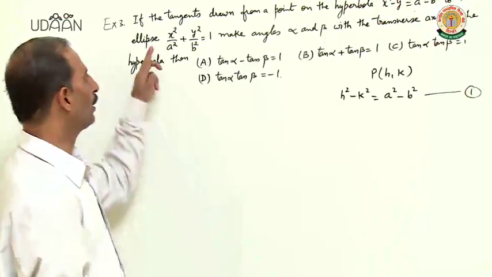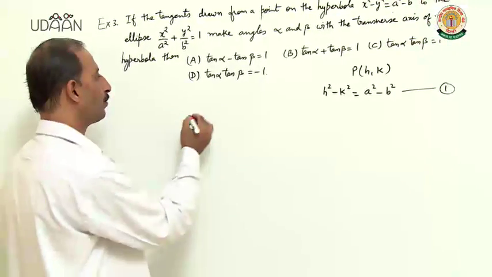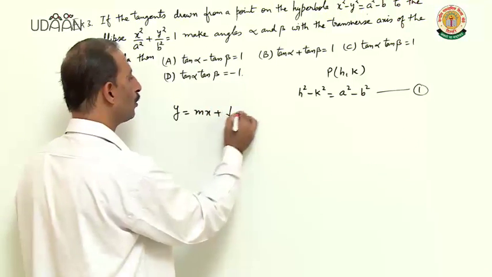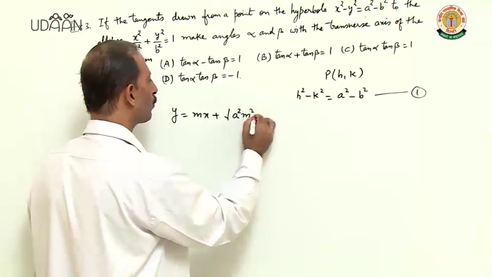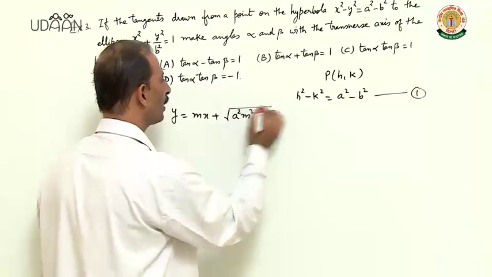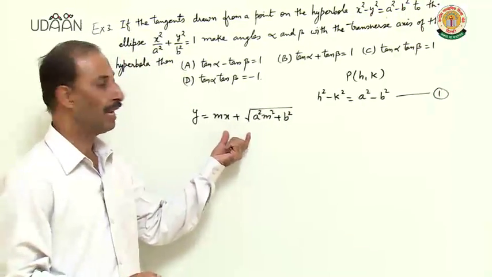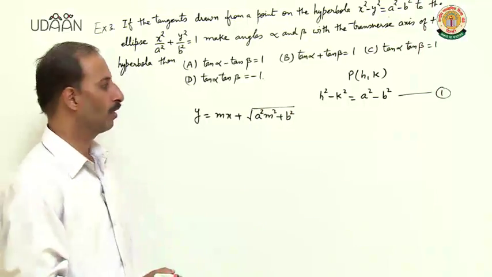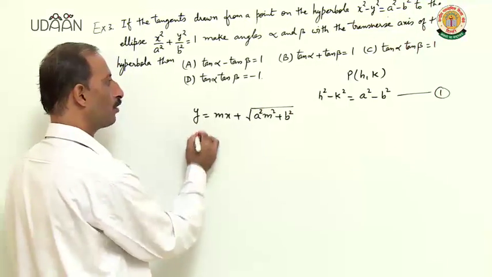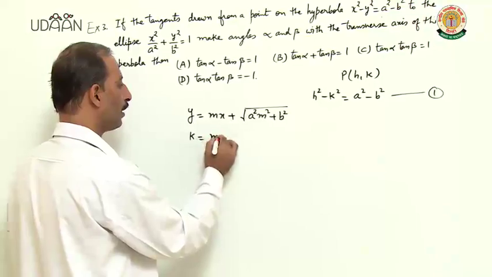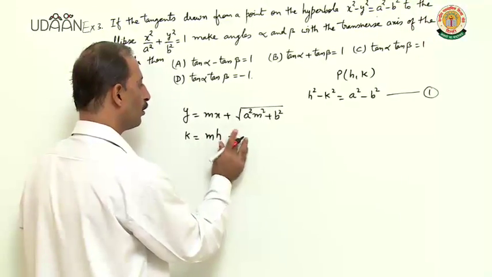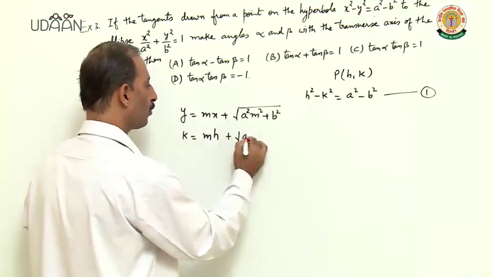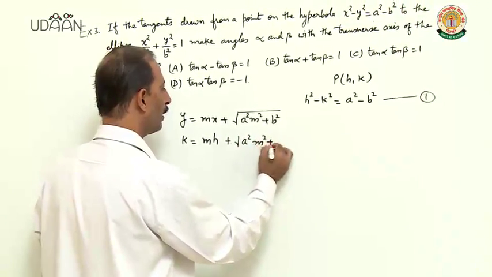So the equation of the tangent of the ellipse in slope form is y is equal to mx plus root of (a square m square plus b square). This is the equation of the tangent, and this tangent passes through the point h comma k. It will satisfy. So in place of y put k, in place of x put h. You will get k is equal to mh plus root of (a square m square plus b square).